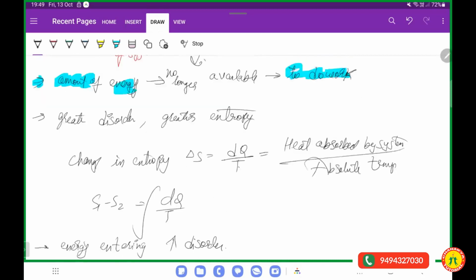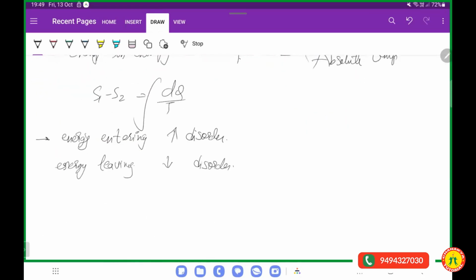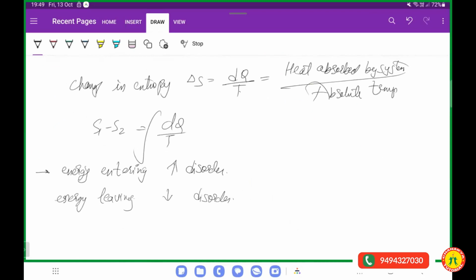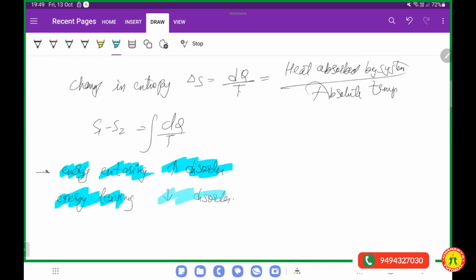Are you able to understand now? Aditi, Samhita? Yes, sir. Okay, if you just remember this point, it will be enough. Entering will increase disorder, releasing will decrease the disorder.